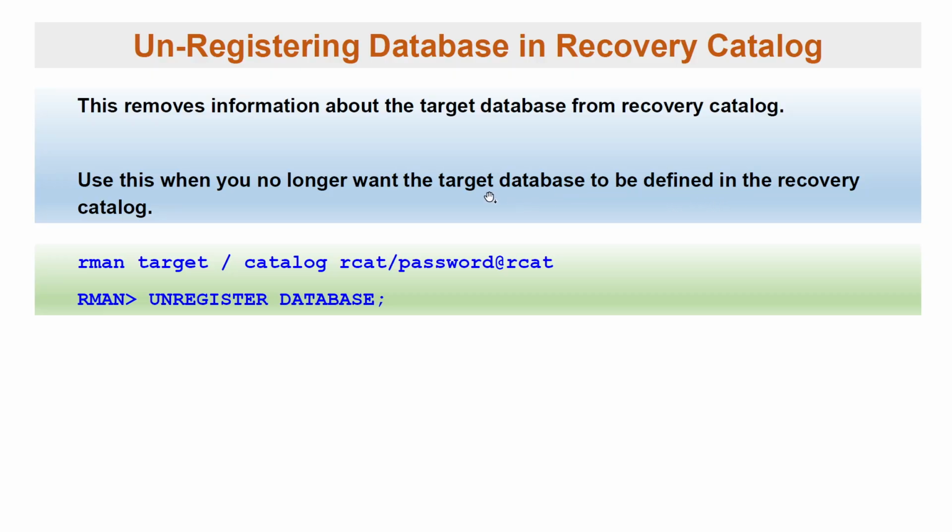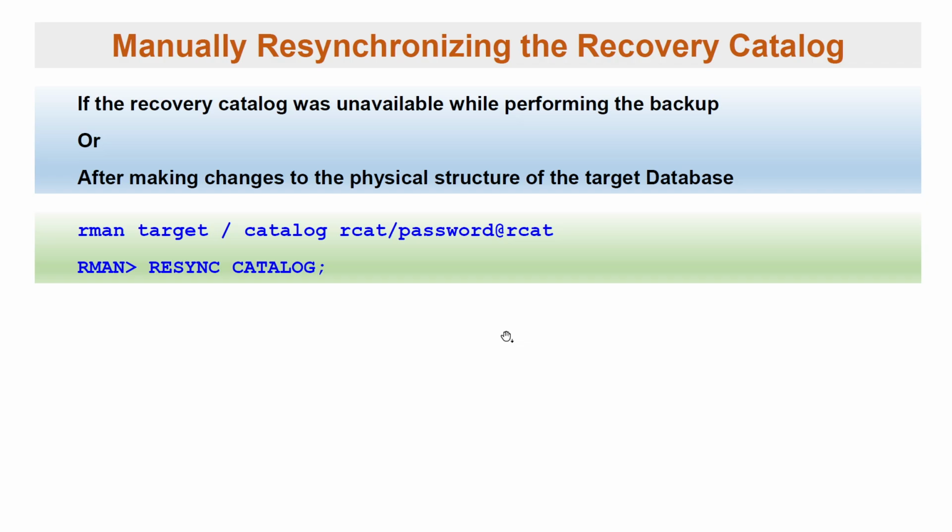Now, let's say you took a backup without connecting to the RMAN catalog, or the catalog was not available at that point in time, and you want to update that RMAN backup information in the catalog.